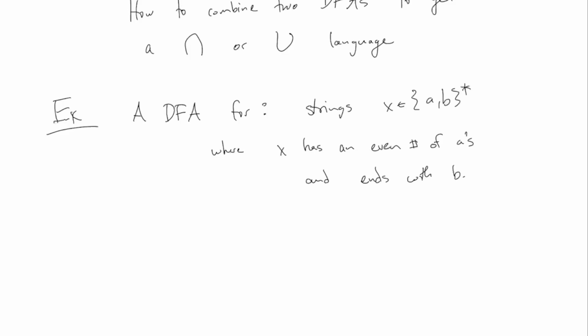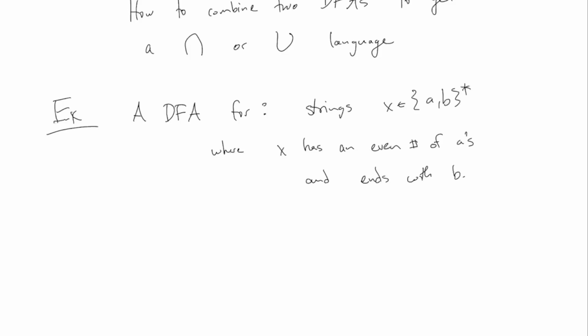Now you could try to just make a DFA for this with your bare hands without doing this product thing, but I think it's a little easier if you understand how to do the product construction. What that means is, if we intend to do this product thing, we have to think of this big language here as either a union or an intersection of two simpler languages.